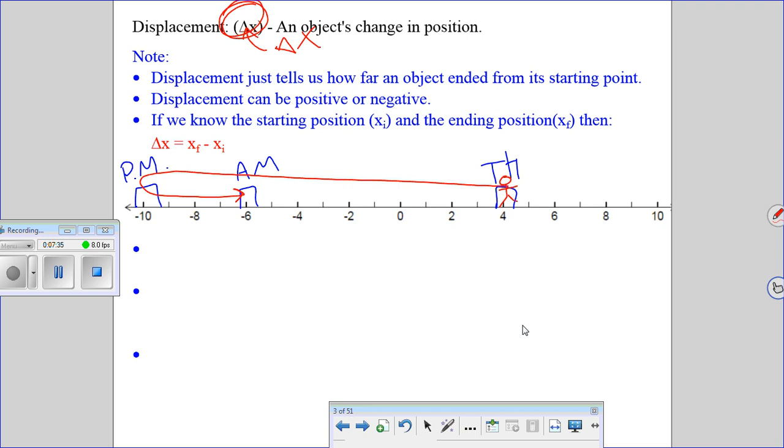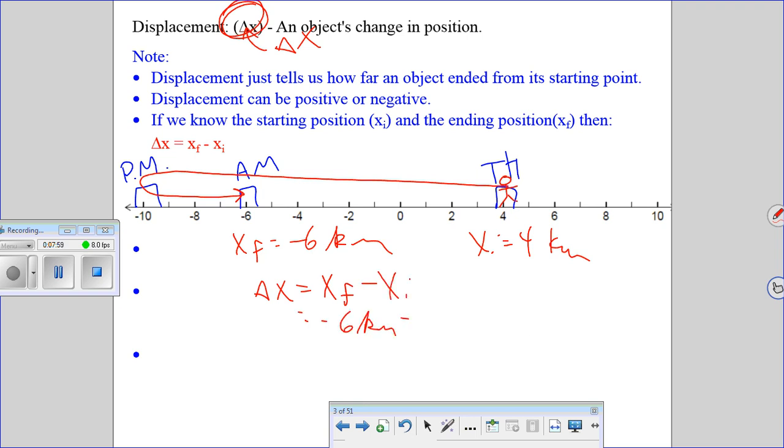So in this example, my initial position is 4, and my final position is -6. These are all in kilometers. Tim Hortons' displacement, the person Tim clearly being the owner of Tim Hortons, is going to be final position minus initial position. His final position was -6 kilometers. His initial position was 4 kilometers.